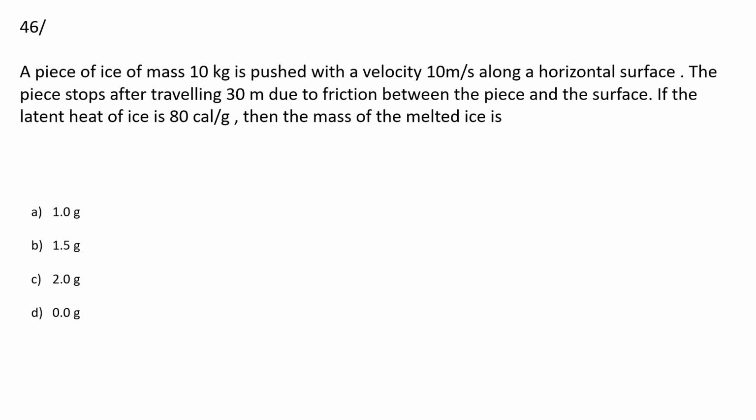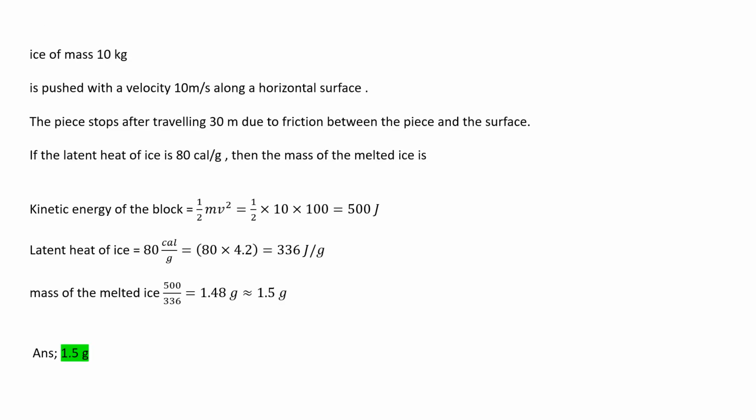So the question says ice of mass 10 kg is pushed with a velocity of 10 meter per second along a horizontal surface. The piece stops after traveling 30 meter due to friction between the piece and the surface. If the latent heat of ice is 80 calorie per gram, then the mass of the melted ice would be.